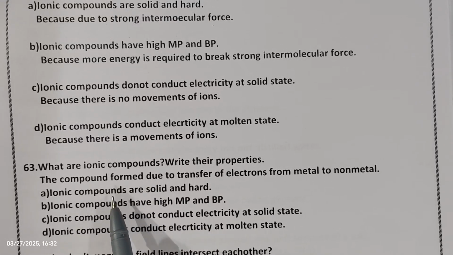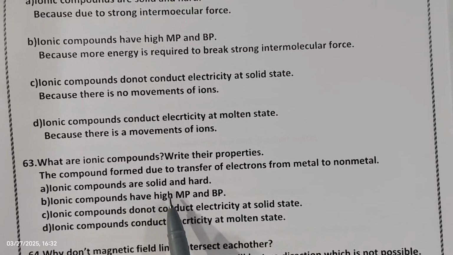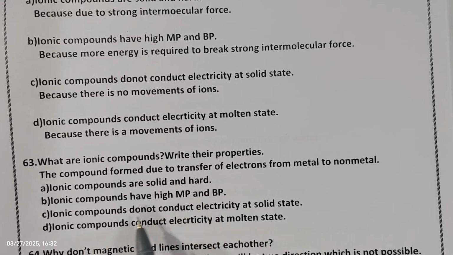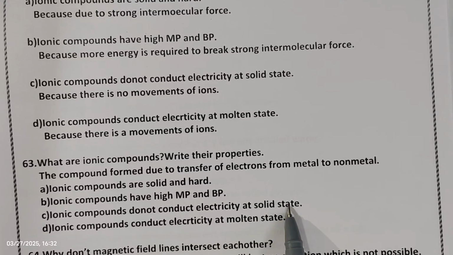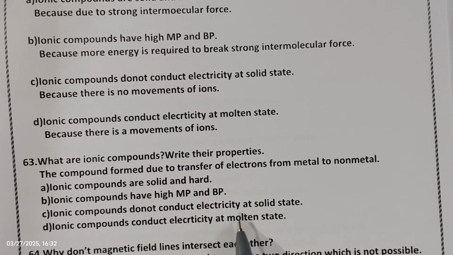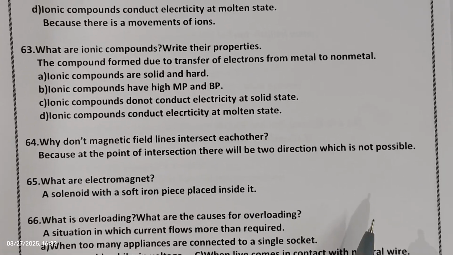Their properties: ionic compounds are solid and hard. They have high melting and boiling point. They do not conduct electricity in the solid state. They conduct electricity in the molten state.